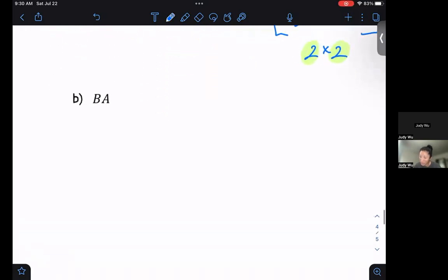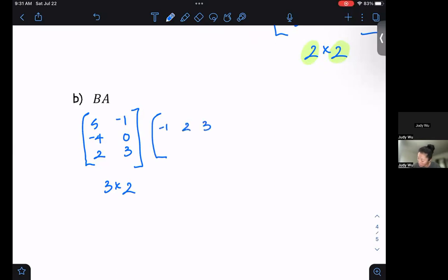So let's copy down our matrices. Let's see what we get. So B is our 5, -4, and 2, -1, 0, and 3. And this is a 3 by 2. And I'm multiplying it by A, -1, 2, 3, 4, 0, 5, which is a 2 by 3.